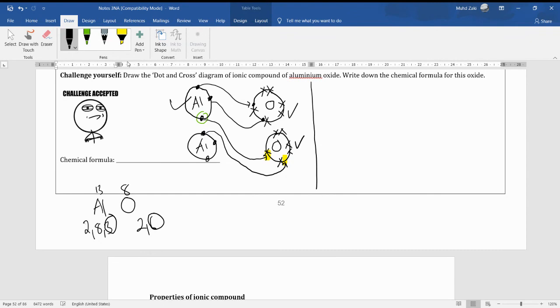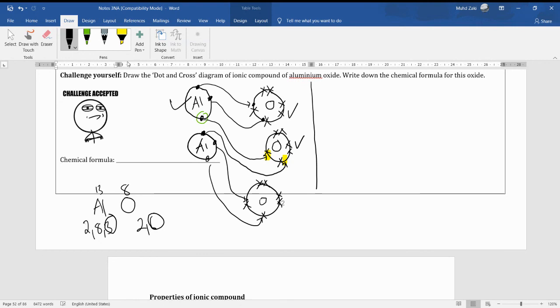But this aluminium is still not complete, so we have to add another oxygen to complete the whole picture. Now the aluminium can match: 2 outermost electrons and 2 more places to put in, so 1 here and 1 here. This is a very complex one.